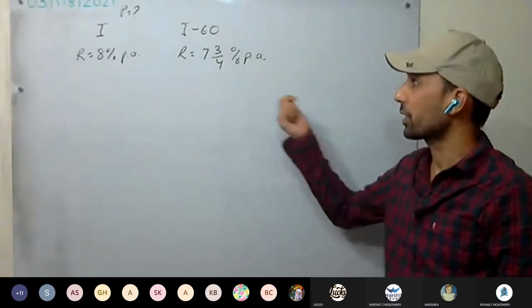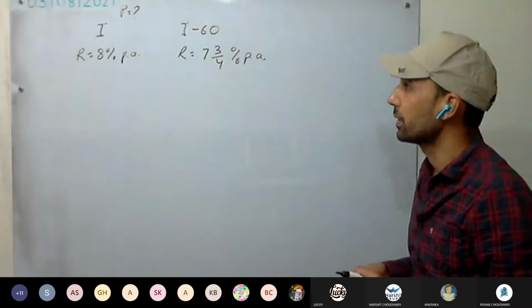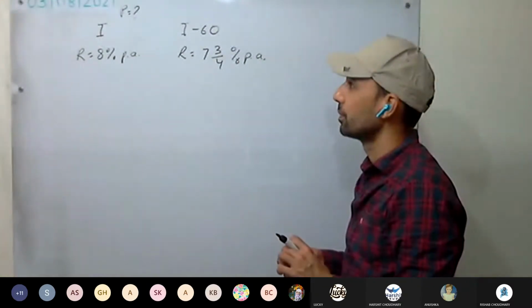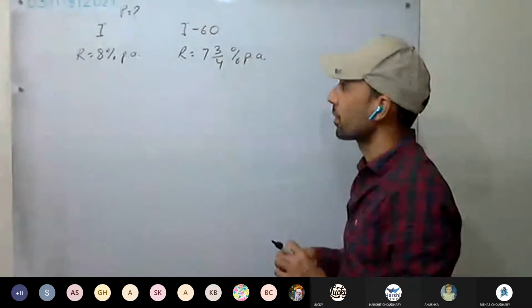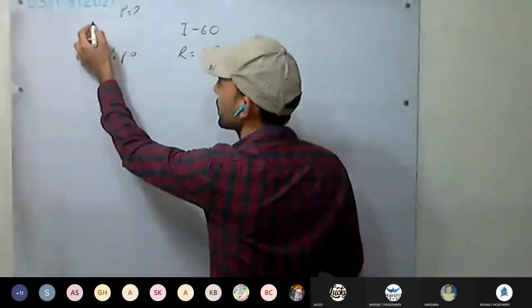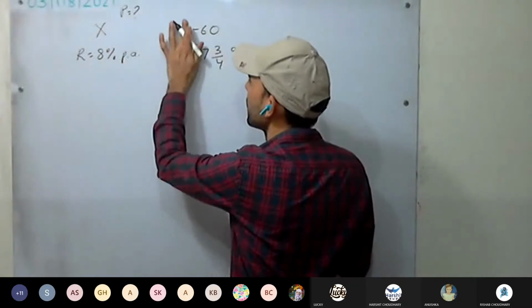The principal we have to calculate. How can we calculate the principal? You can take it as x as well. Okay, let it be x, so that you don't confuse it with interest.